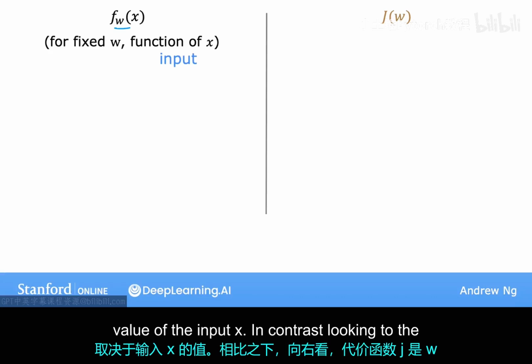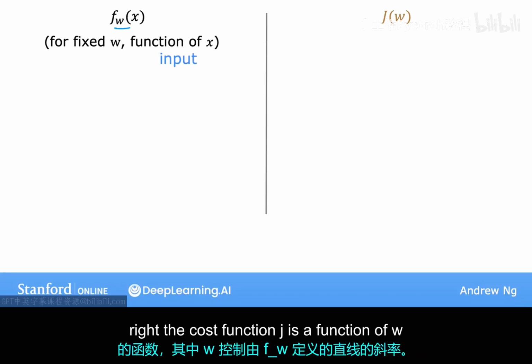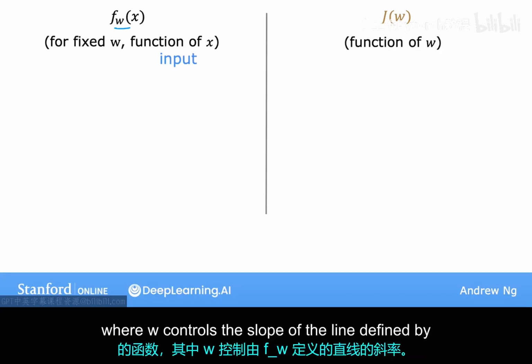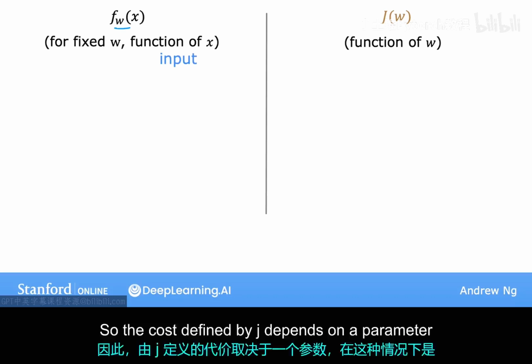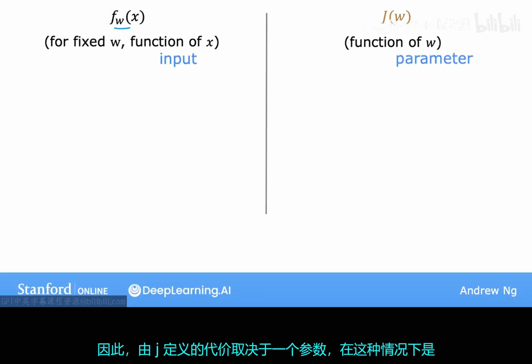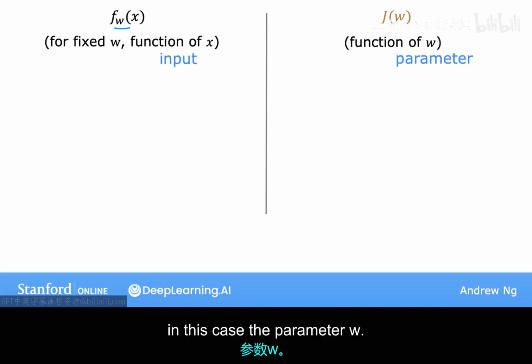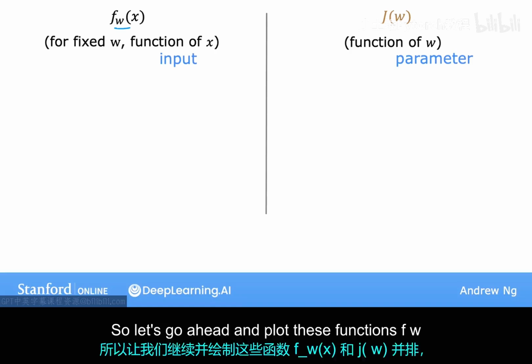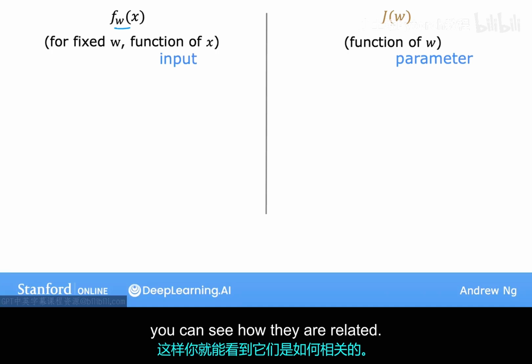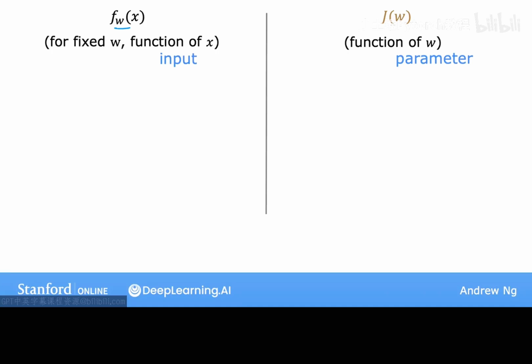In contrast, looking to the right, the cost function J is a function of w, where w controls the slope of the line defined by f_w. So the cost defined by J depends on a parameter, in this case, the parameter w. So let's go ahead and plot these functions f_w of x and J of w side by side, so that we can see how they are related.